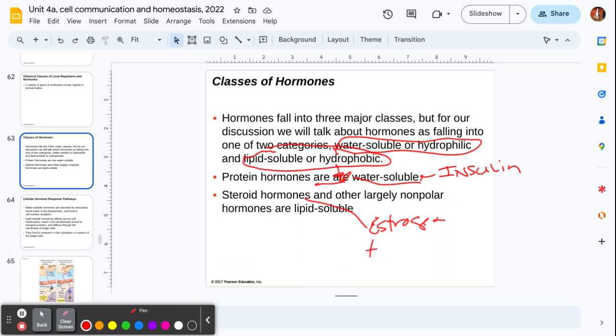Estrogen and testosterone. The thyroid hormones are also lipid soluble. They're not steroid hormones, but they are lipid soluble. We're also going to be looking in your project at estrogen or testosterone.